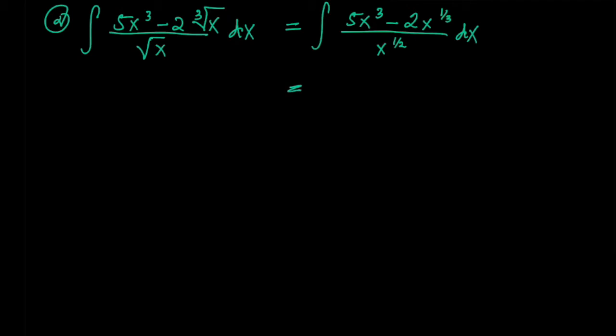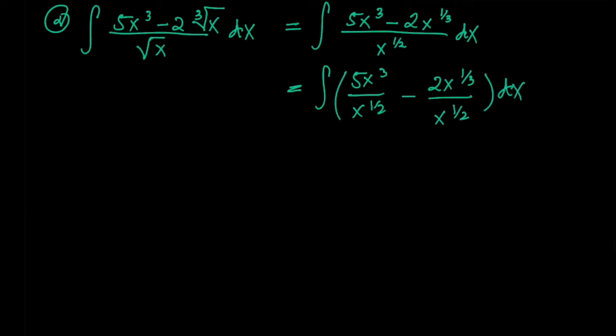So in this case, to better visualize, let's separate the fraction first. So this, let's make it 5x cubed all over x raised to 1/2 minus 2x raised to 1/3 all over x raised to 1/2, the quantity dx.